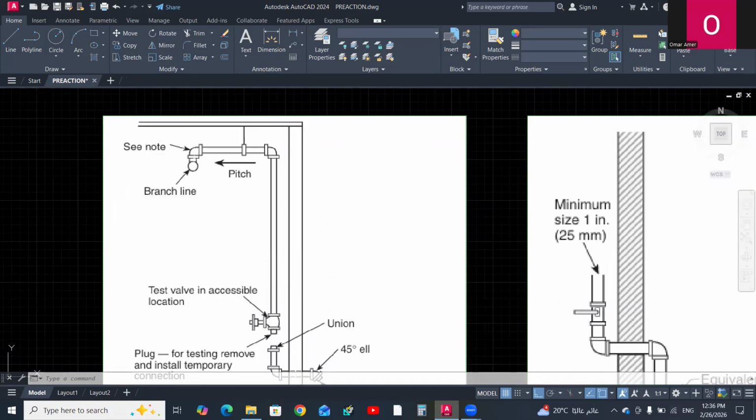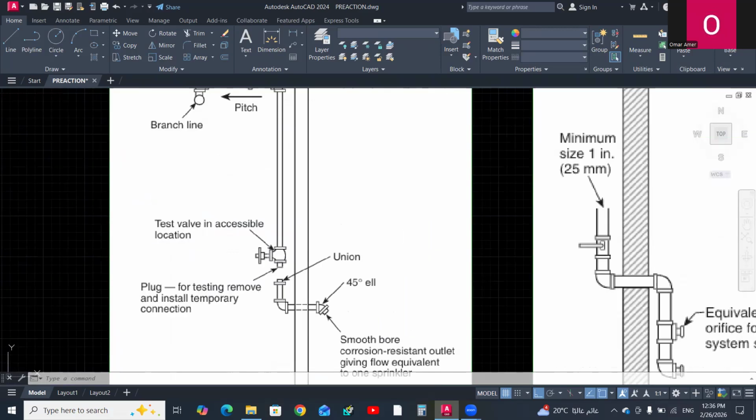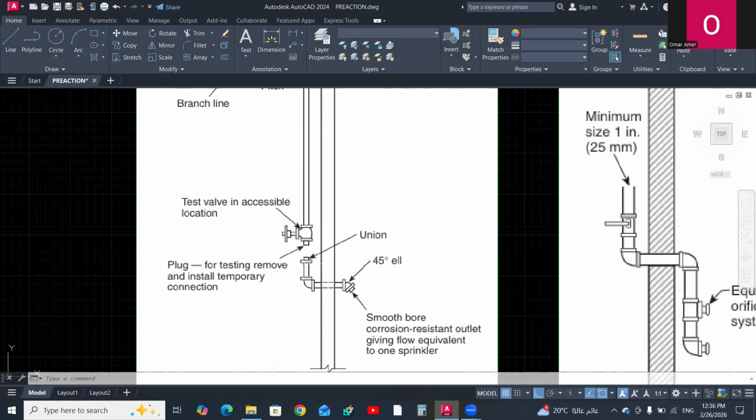On the most remote branch line, the 1-inch drain pipe is equipped with an isolation valve, with a plug for testing, and terminates outside the building with a smooth bore corrosion resistant outlet, 45 degree turn elbow.